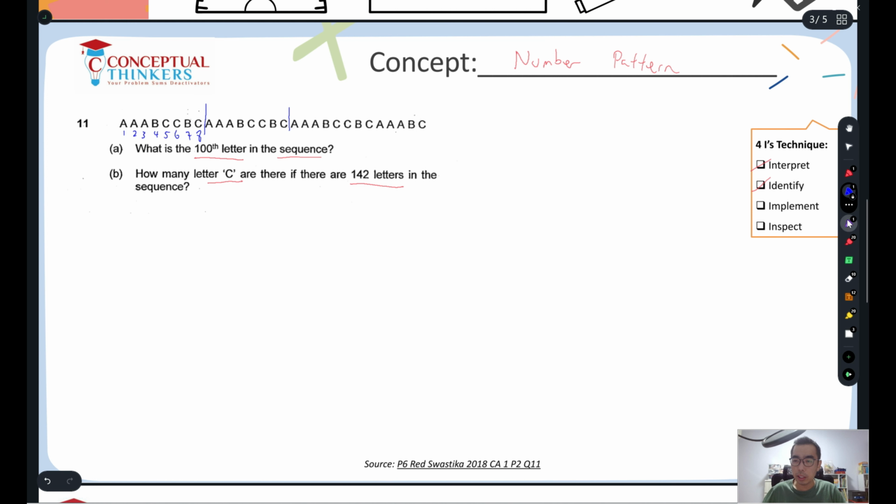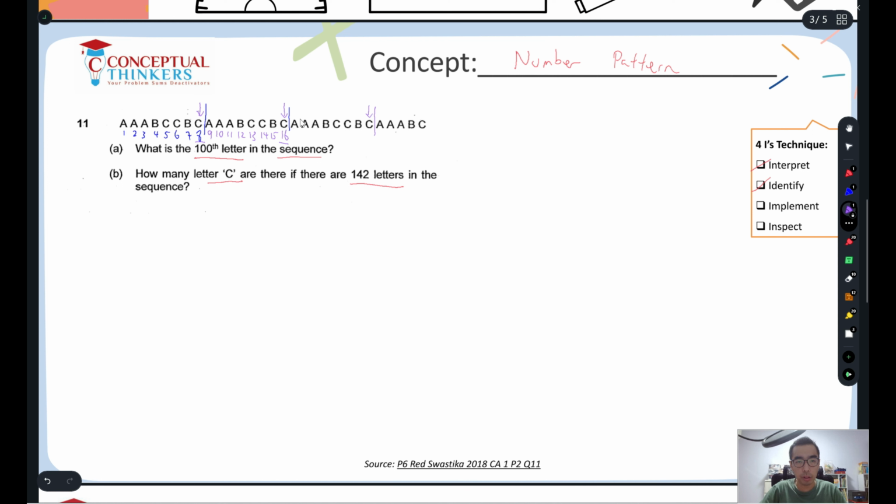Now I'm going to use another color. Then if you look at the positions, we continue with 9, 10, 11, 12, 13, 14, 15, 16. So I'm going to do another cut here. Now you notice that if you focus on the last letter here, which is our C, it's all in multiples of 8.